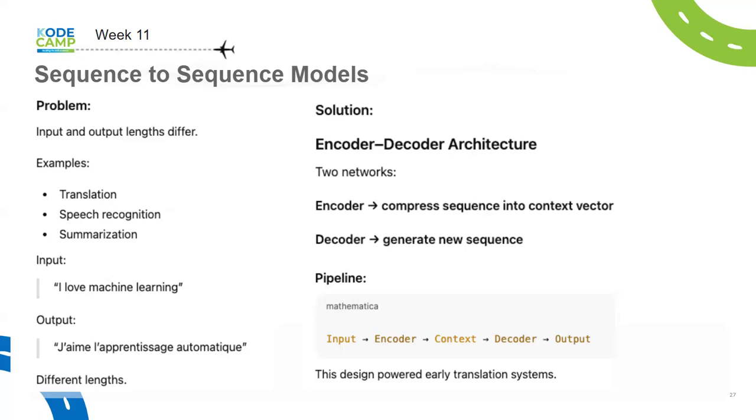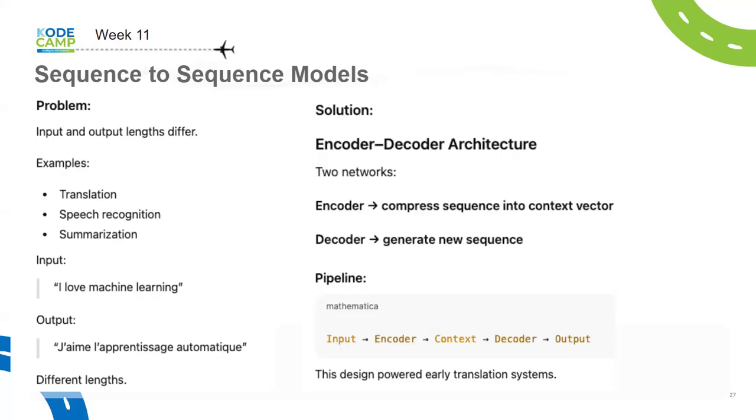So the problem at hand that we're trying to solve is that you have an input and the input lengths are different from the output lengths. A good example of a sequence-to-sequence model is translation. The input is a sequence of words in one language. The output is another sequence of words in a different language.